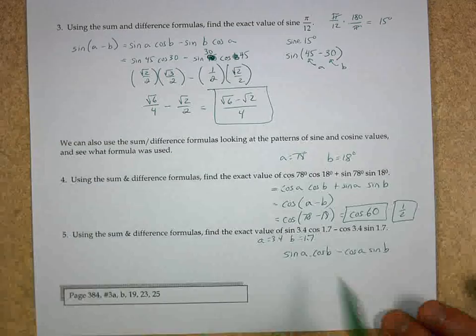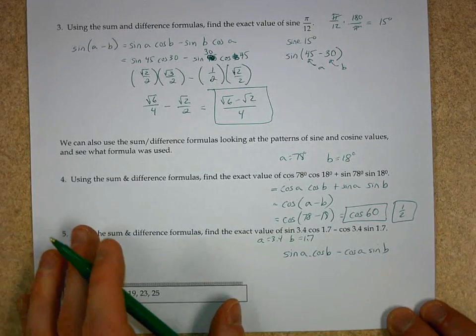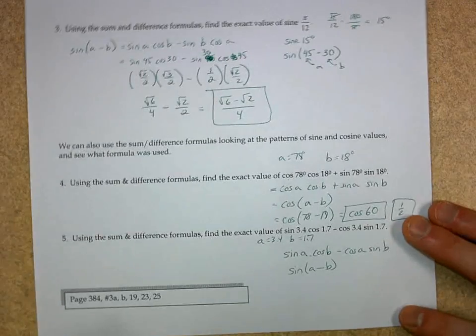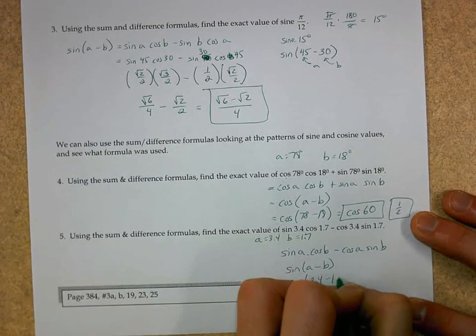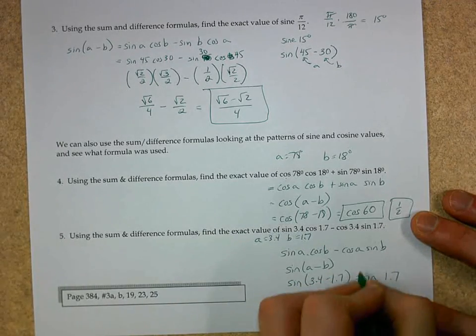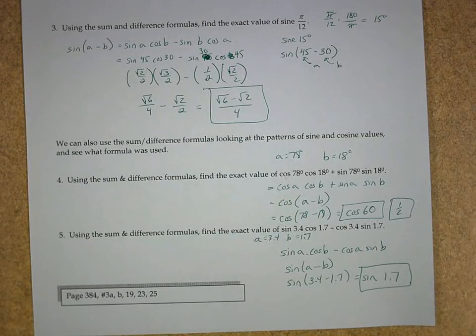Well, sine and cosine are combined together, so it's going to be one of the sine formulas. The minus sign means it's going to be the minus formula. So it's the sine of A minus B. So the sine of 3.4 minus 1.7 is the sine of 1.7. And if you wanted to, you can plug that into your calculator to get a decimal equivalent.